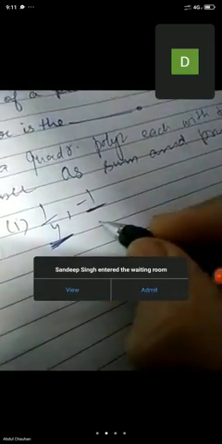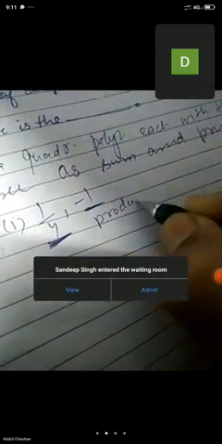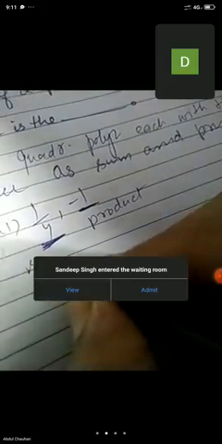So 1 by 4 is the sum of zeros, and minus 1 is the product of zeros. How do you solve this? Firstly, tell me the formula of sum of zeros. Write the general form ax square plus bx plus c. If alpha and beta are the two zeros, then alpha plus beta, the sum of zeros, is equal to minus b upon a.